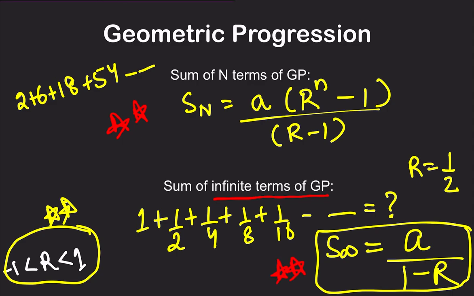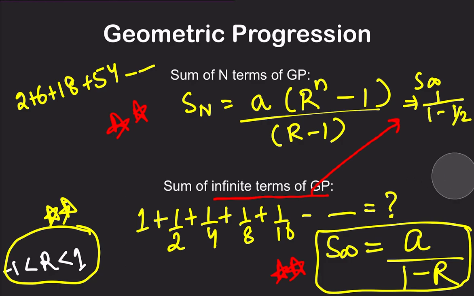So here in our example, what will we get? The sum of infinite terms of the series is a upon 1 minus r, that is 1 upon 1 minus 1 by 2. If I calculate this, I will get 1 upon 1 by 2, which is 2.